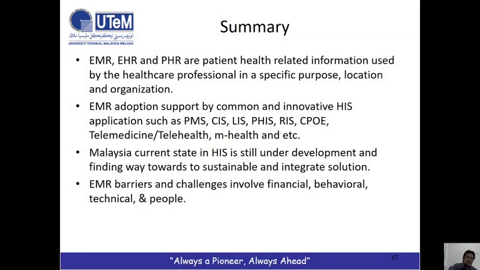Okay, in summary, EMR, EHR, and PHR are patient health related information used by healthcare professionals for a specific purpose, location, and organization. So remember, EMR, EHR, and PHR have their own purpose and their own locality to be accessed and stored.